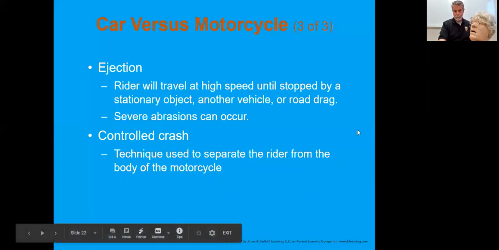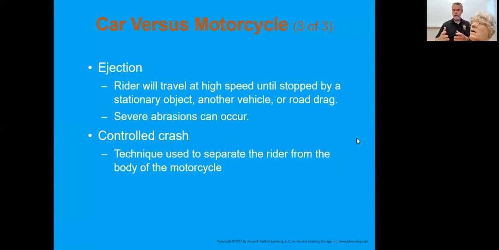The ejection, again, riders traveling at this high speed are going to keep moving until something stops them. And there's a lot of things that can stop someone who's being propelled through the street. Could be another car, it could be a light pole, on the freeways it could be those sharp little edges that are running around.